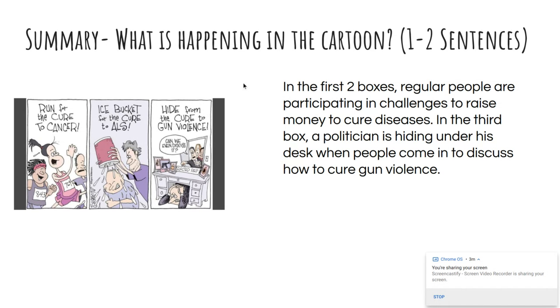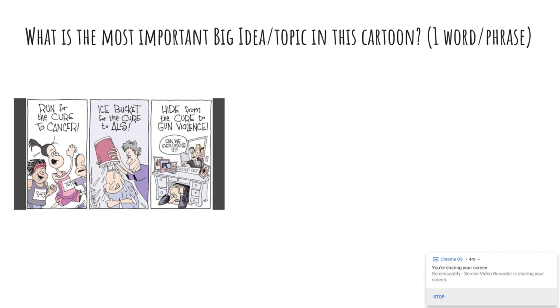So we want to summarize, put all of those details together. In the first 2 boxes, regular people are participating in challenges to raise money to cure diseases. In the third box, a politician is hiding under his desk when people come in to discuss how to cure gun violence. So we've described everything that's happening in this cartoon. The next step, we want to think about what is the most important big idea or topic in this cartoon.